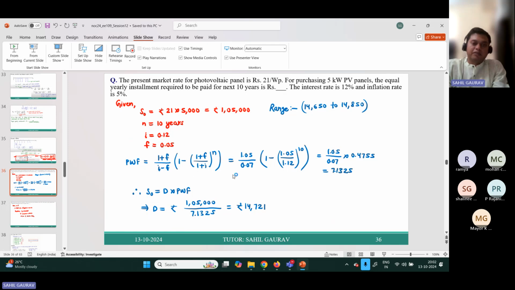So the present worth factor will be 1 plus f upon 1 minus f into this one. So we'll get present worth factor 7.1325. So D, the yearly installment, you get will be divided with present worth factor. So we'll get 14,721. So the correct answer for this problem is 14,721.